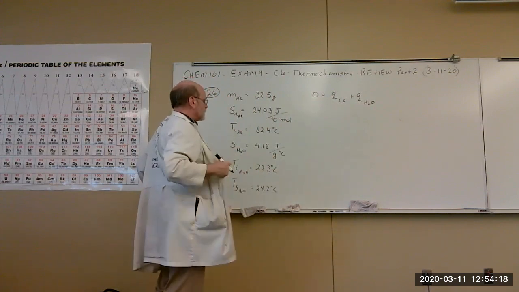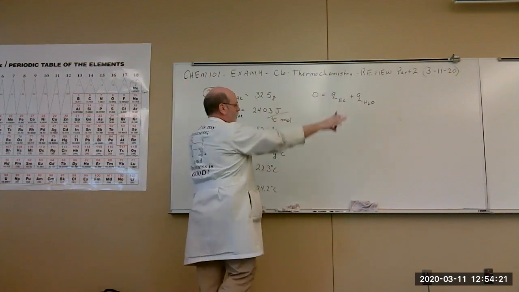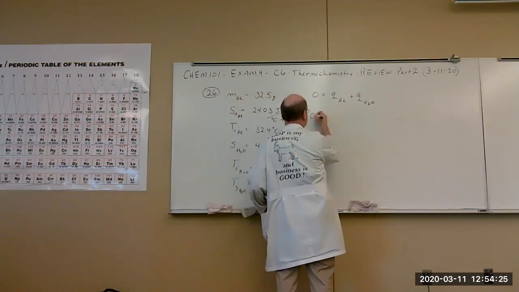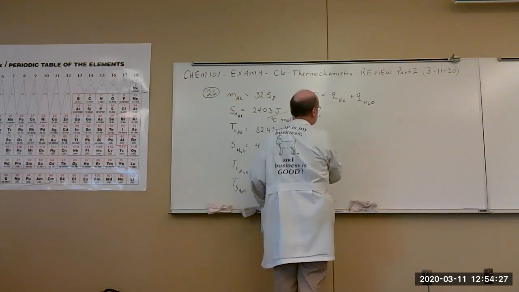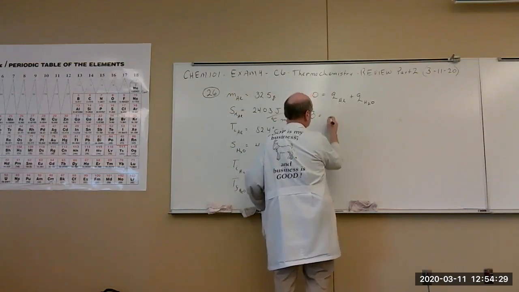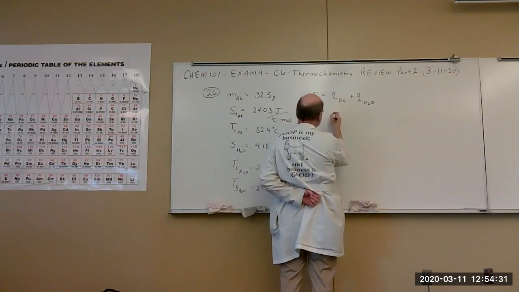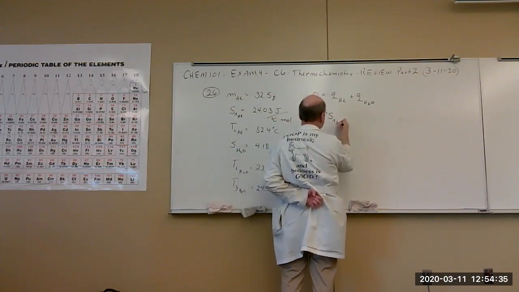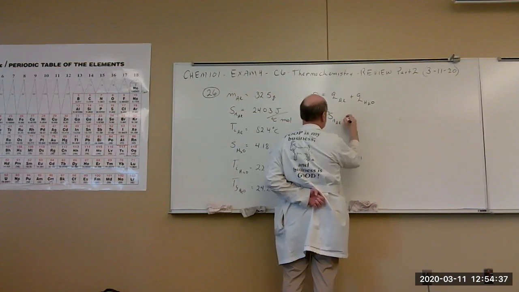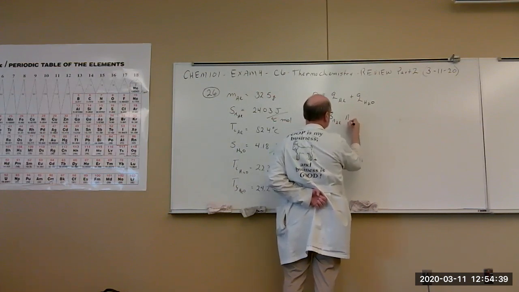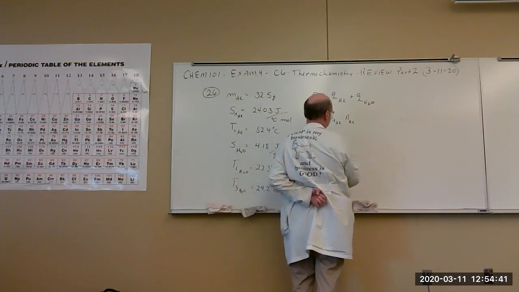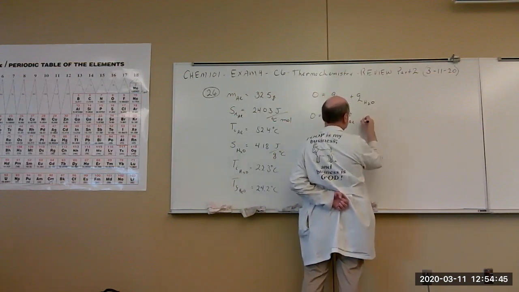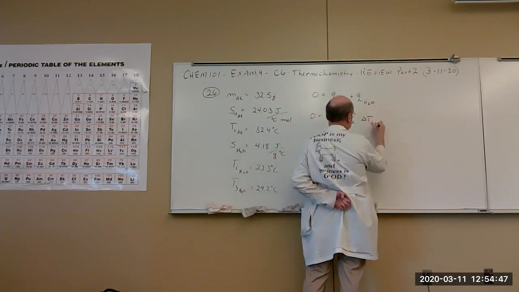Okay, so now we just need to expand that formula. What is the Q of this one? We need our molar heat capacity for aluminum times the moles of aluminum times our delta T for aluminum.